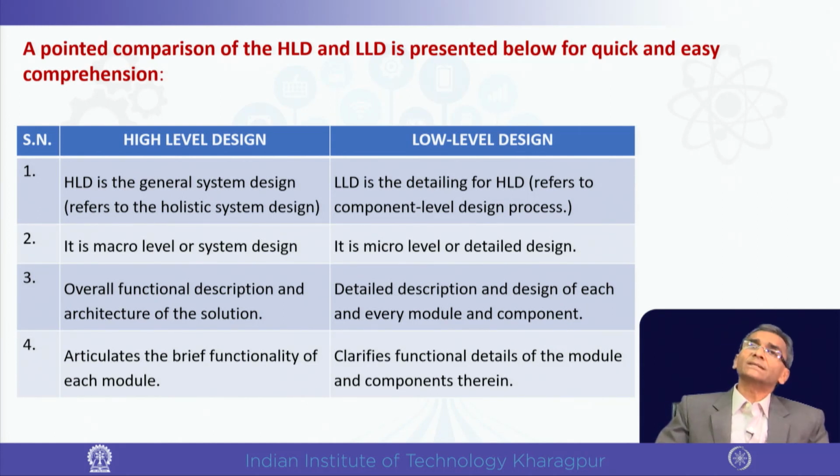The high level one is the macro level and the low level design is the micro level. The HLD is the overall functional description and architecture of the solution, and the LLD is the module and component level.